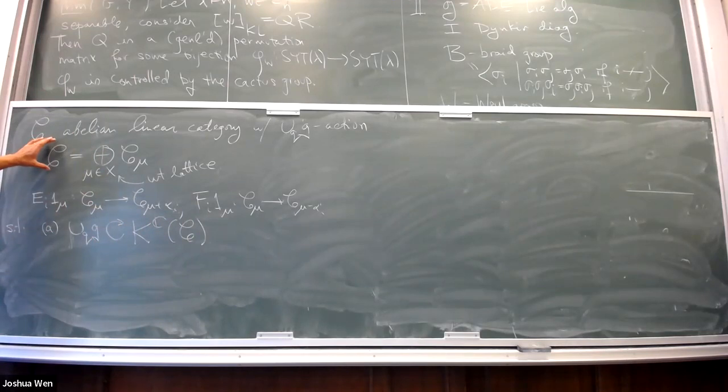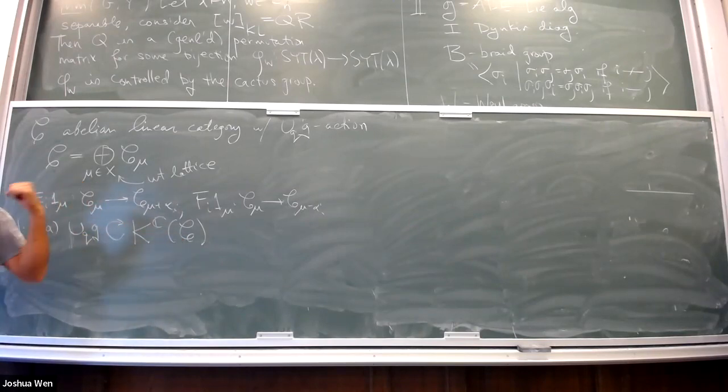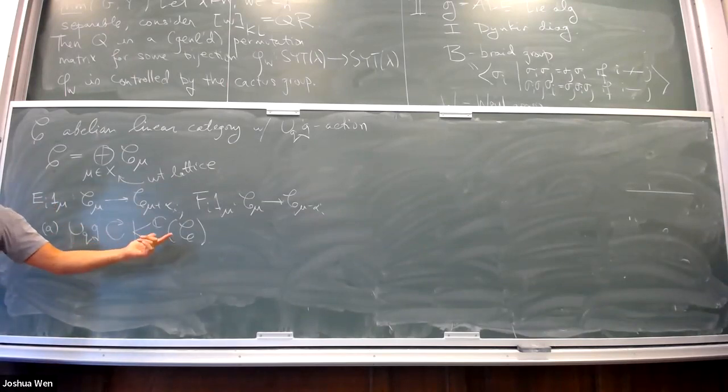First of all, this decomposition of the category gives me a decomposition of this complex vector space into a direct sum of spaces that corresponds to the weight space decomposition of this representation. So that already tells me how the Cartan part of the quantum group acts. And these functors, which I said are exact functors, induce operators on this vector space. This gives me the other generators of the quantum group, and they have to satisfy the quantum group relations to actually give me an action of the quantum group.